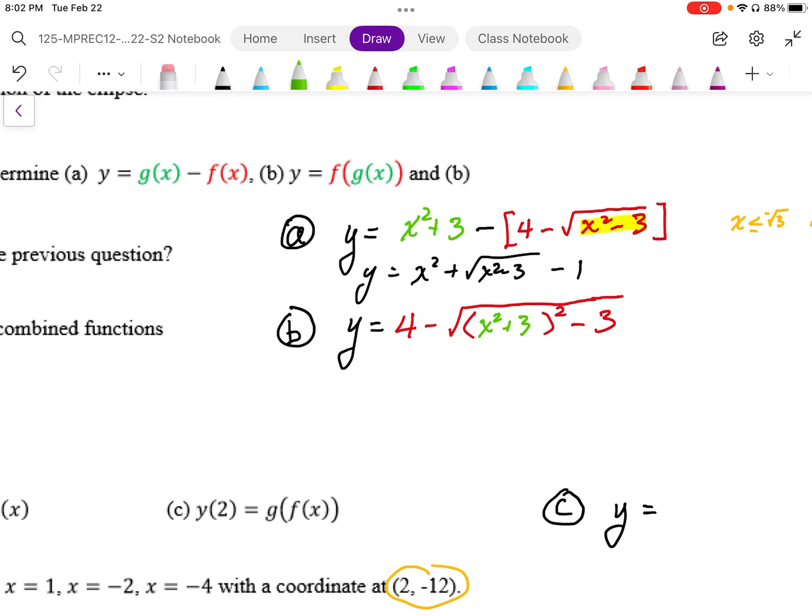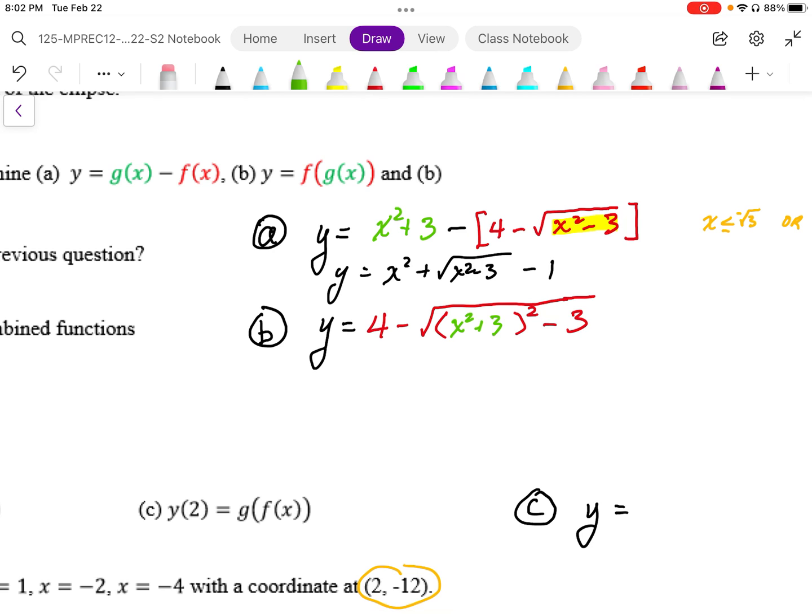composite function. In terms of the domain of this function, we can think of it this way. We know that the output of this x squared plus 3 has to be bigger than 3, because the lowest point, the vertex, is going to be at (0, positive 3).